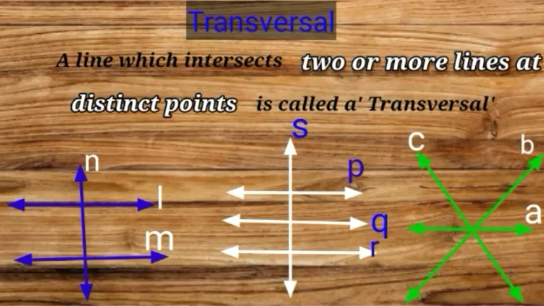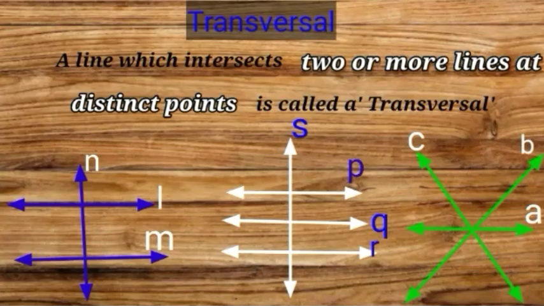Now let's go with the second diagram. Here we have three lines, that is P, Q and R, intersected by a fourth line, that is S, at three distinct points. Hence we can say that S is a transversal to P, Q and R. Now let's go with the third diagram.